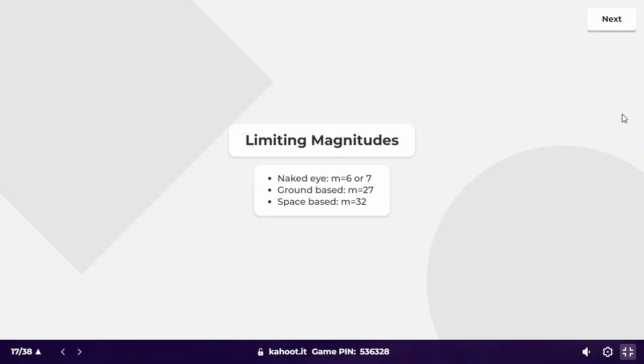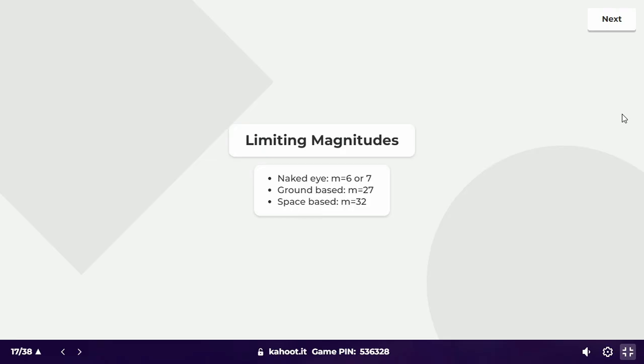Knowing these magnitudes, we can talk about what we can see with our eye and compare that to different types of telescopes. With our naked eye, we can see visible wavelength sources down to maybe magnitude 6 or magnitude 7. So that'll let you see planets, some bright stars, but not a ton else.